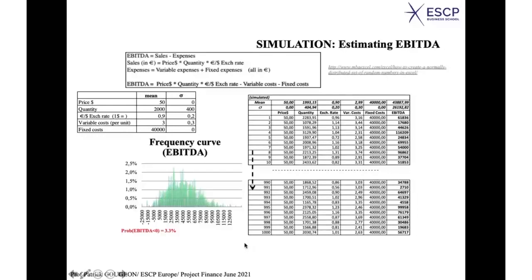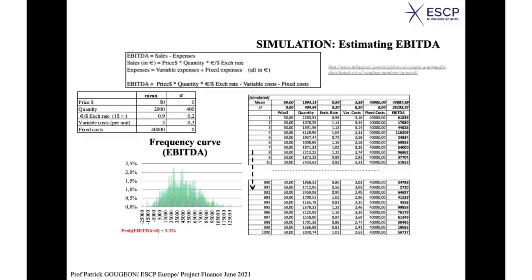If you are concerned with EBITDA below zero, you realize, for instance, that you have a probability of 3.3% of an EBITDA below zero. In other words, if you look at the number of cases where it is negative, it corresponds to 3.3% of the values which you have here. So that's a way you can generate a probability distribution.